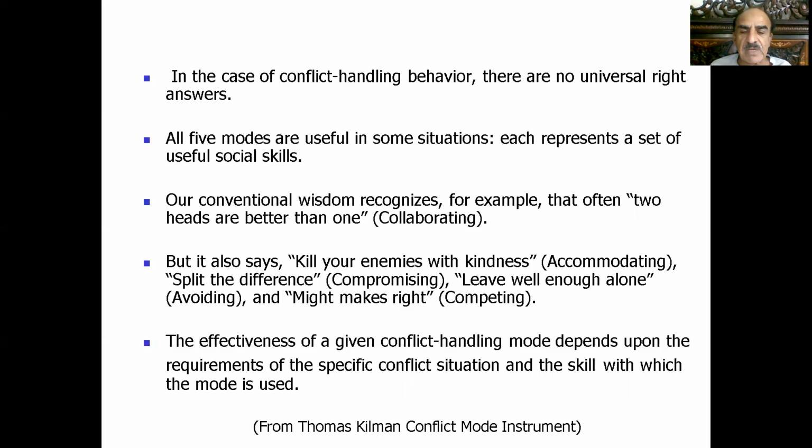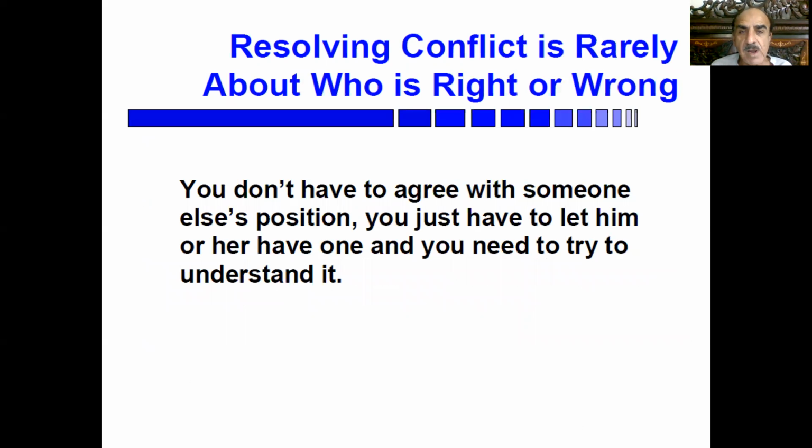So the effectiveness of a given conflict handling mode depends upon the requirements of the specific conflict situation and the skill with which the mode is used. This has been taken from the Thomas Kilmann conflict mode instrument. Now, when we try to resolve conflicts, please remember that we are not trying to establish who is right or who is wrong.